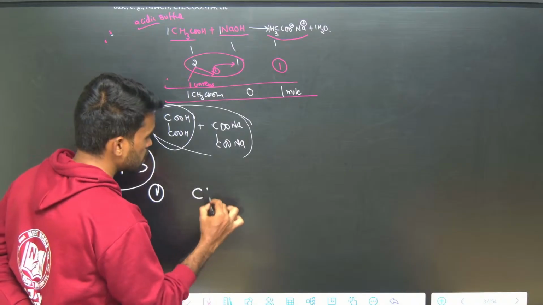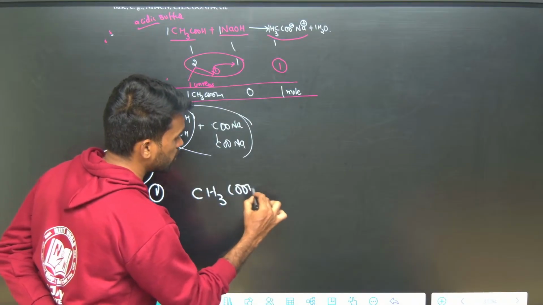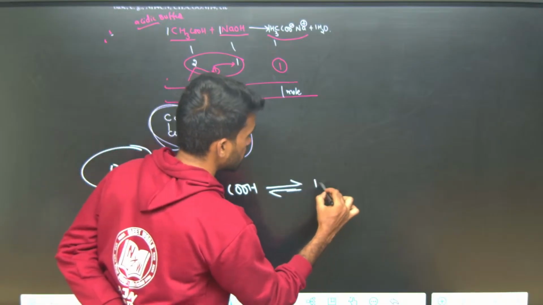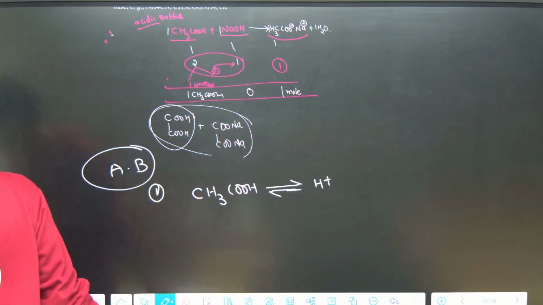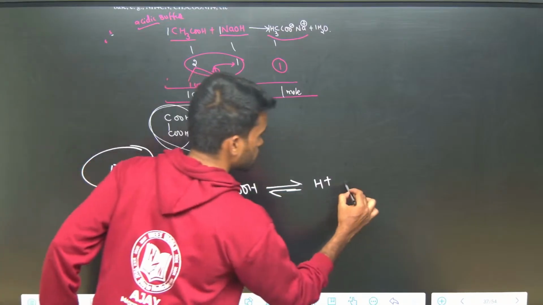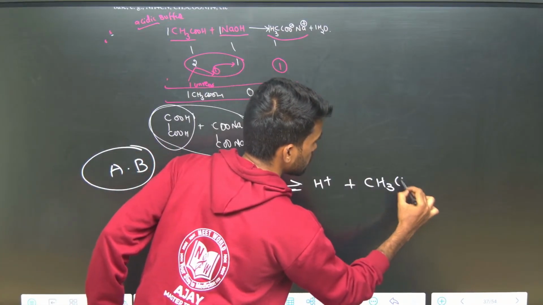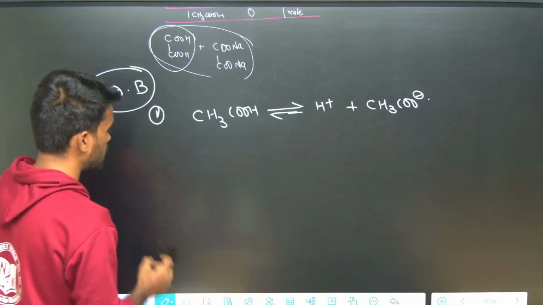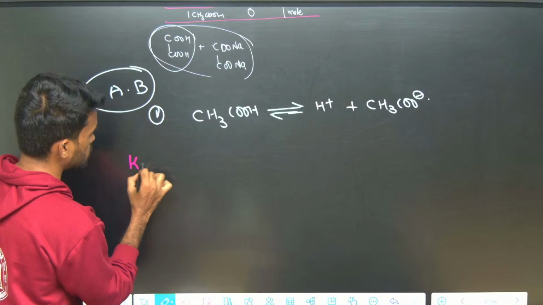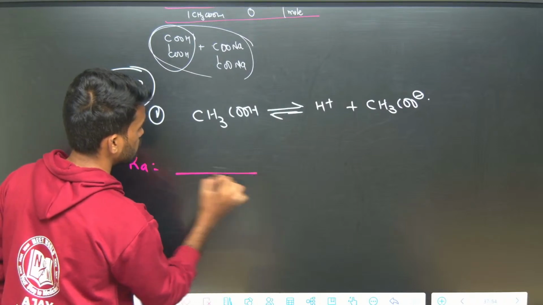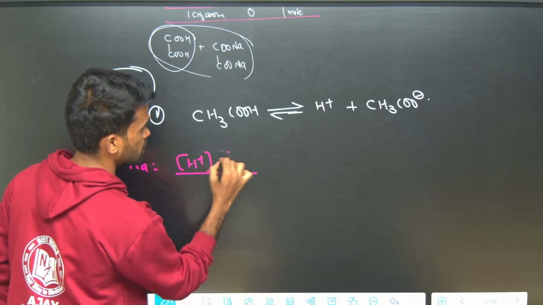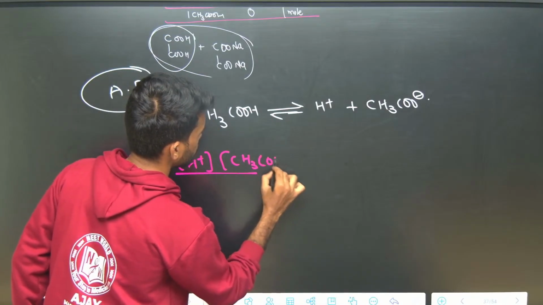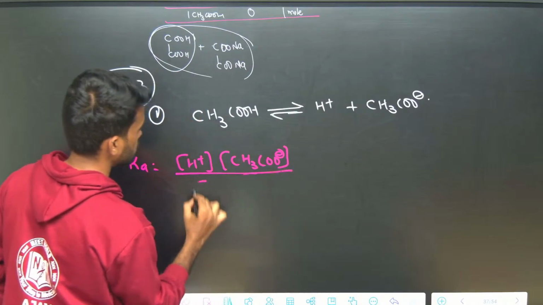Weak acid means the acetic acid you took previously, so we will consider the same thing. It will dissociate to give H+ and acetate ion. Now what can we write for the acid dissociation constant? Ka is equal to the concentration of H+ ion times the concentration of acetate ion, divided by the concentration of acetic acid.